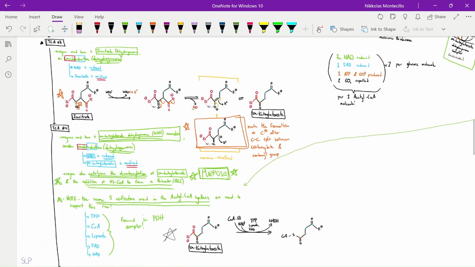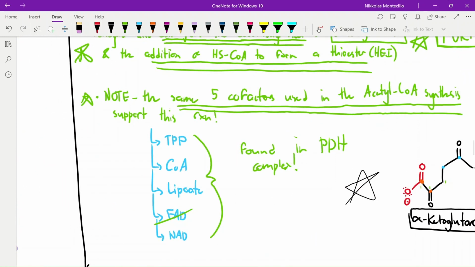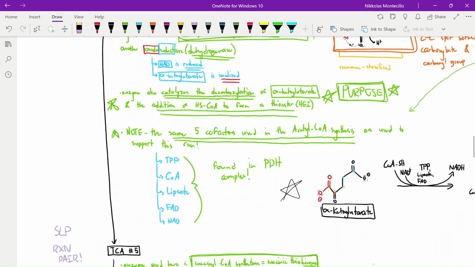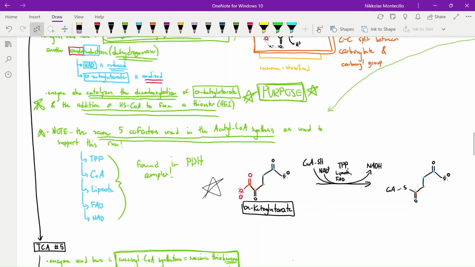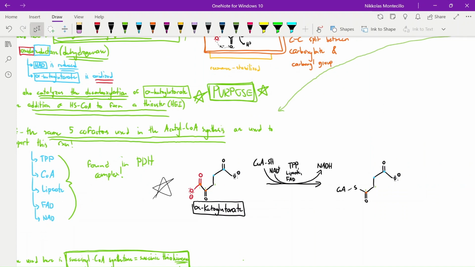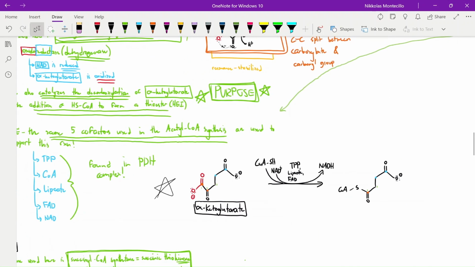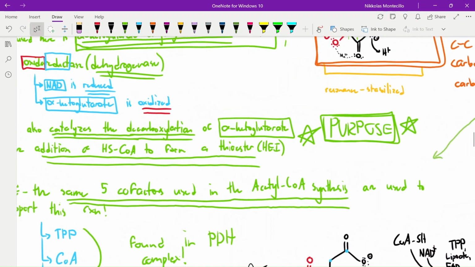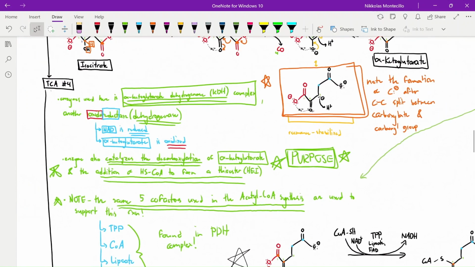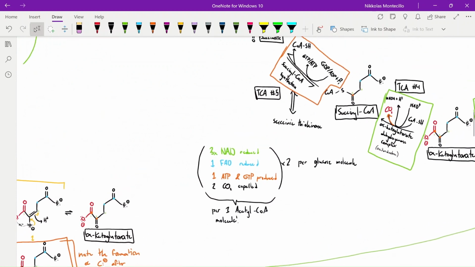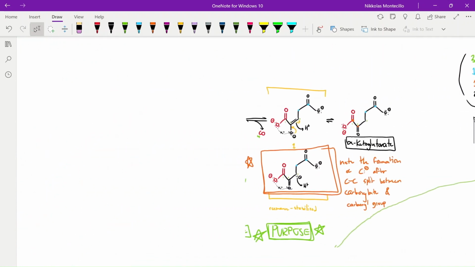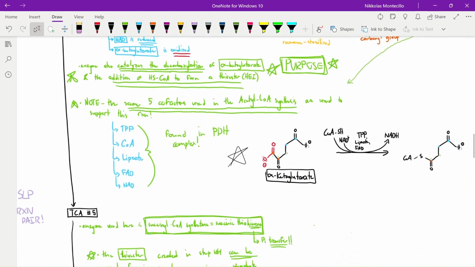The majority of these cofactors are used to support this reaction. Okay? And one more key idea here is that we need to know that there is the formation of a thioester, so a very high energy intermediate. Alright?